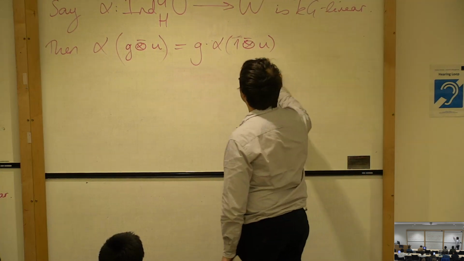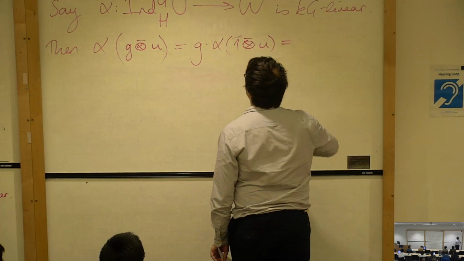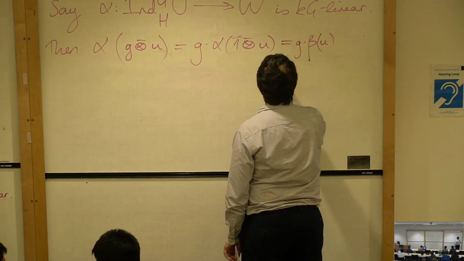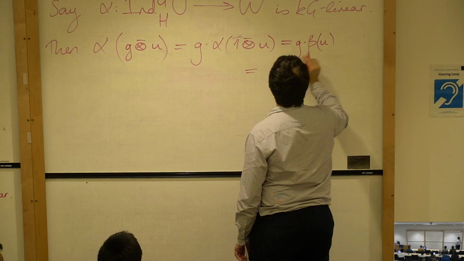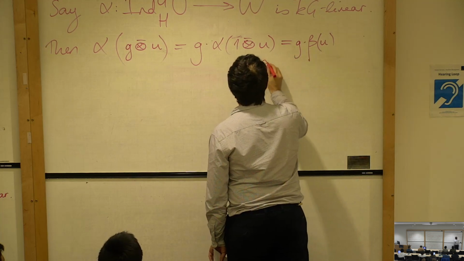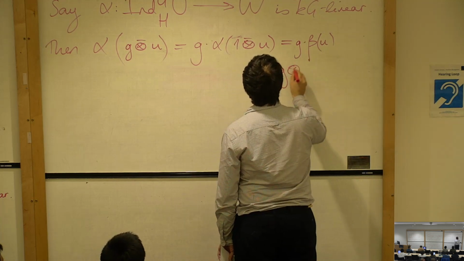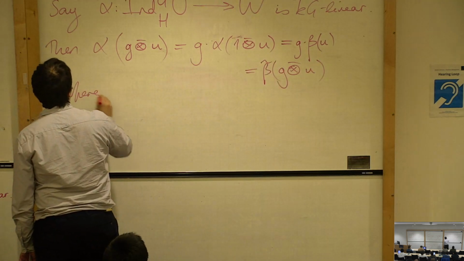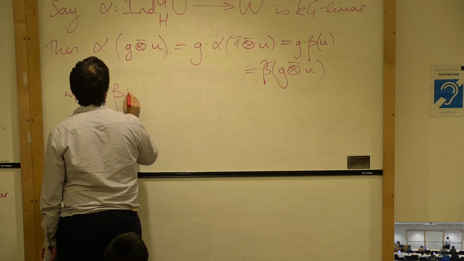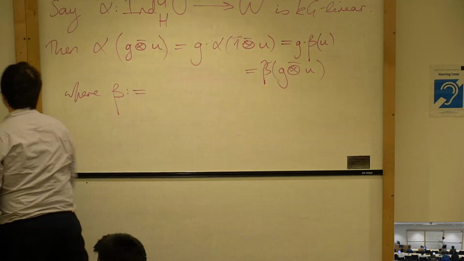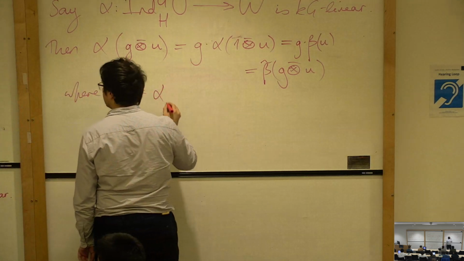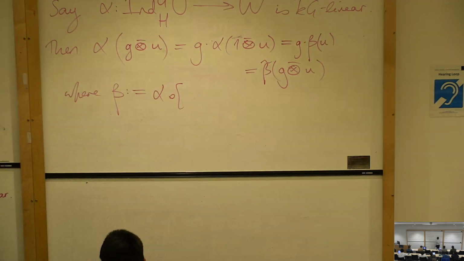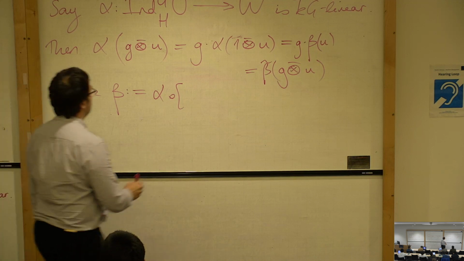And therefore, this is an admissible beta, right? G dot beta U. Whoops. Yeah, so that's beta tilde of G tensor bar U, where beta is this composition. I can't spell U, can I? That's a disaster. Okay, that's fine.